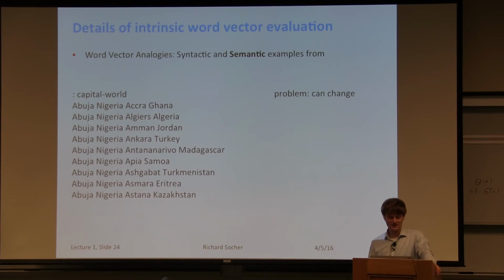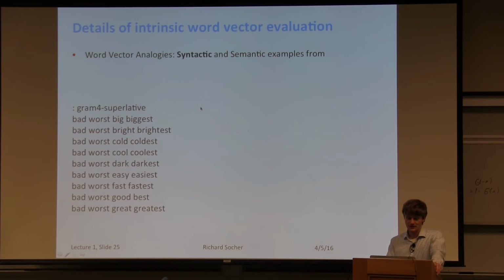So city and state is one. The capital is another one. Of course, here the problem is that those might change also over time. Then we have a lot of superlatives.